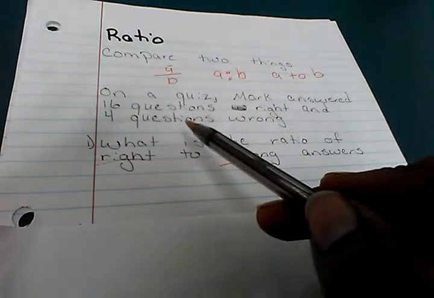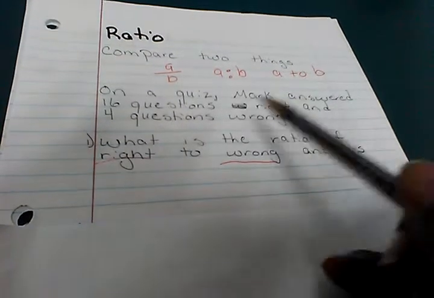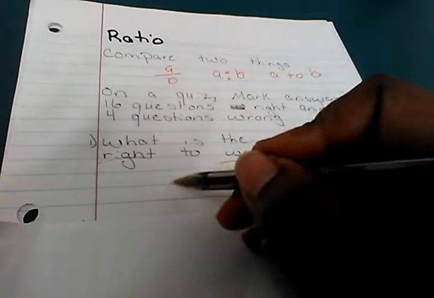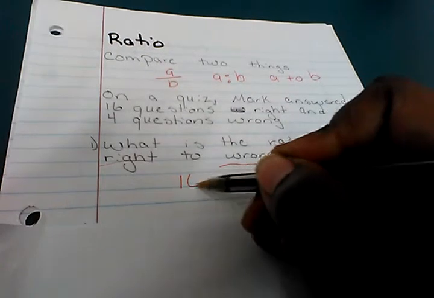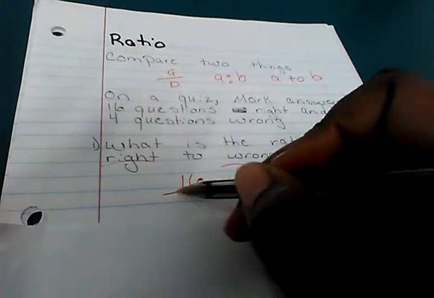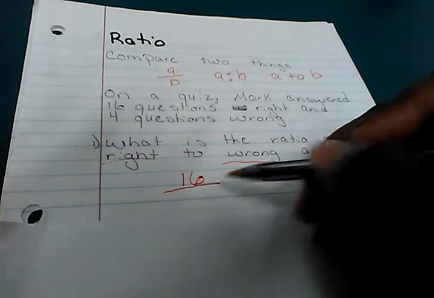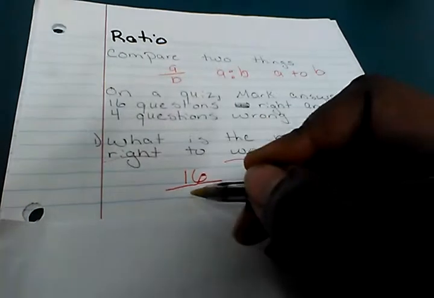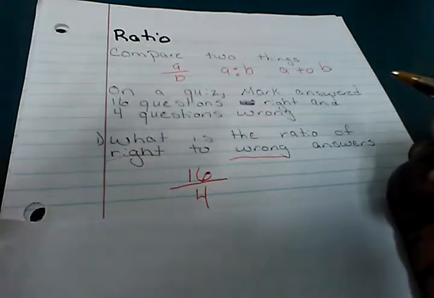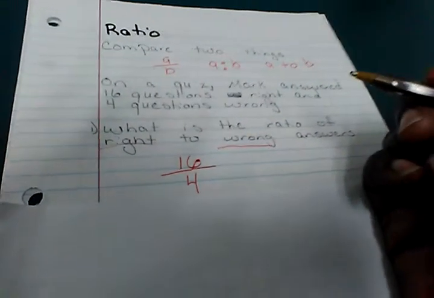So according to our information, he has 16 right answers. So that's going to be on the top of our fraction bar. And then that's compared to what he got wrong, which was 4 answers were wrong. So again, when we have a ratio, we can reduce it, but we don't change it into a whole number.